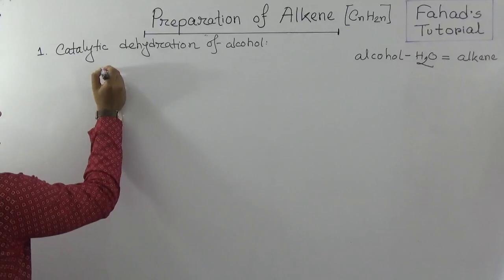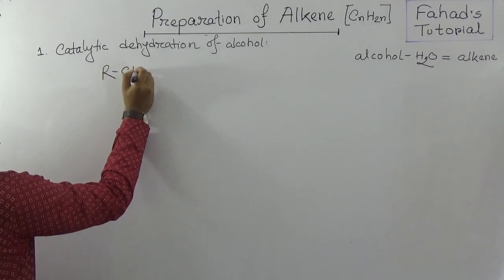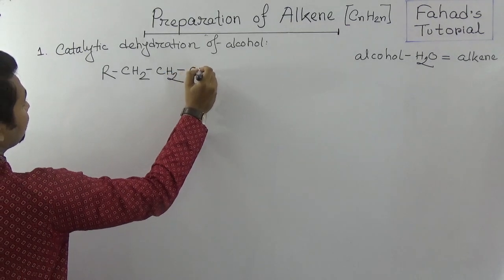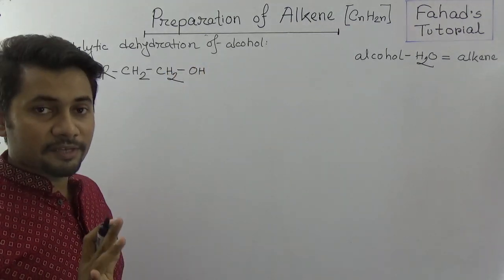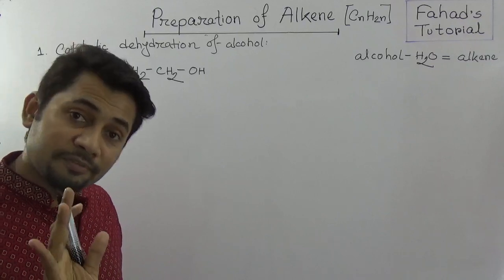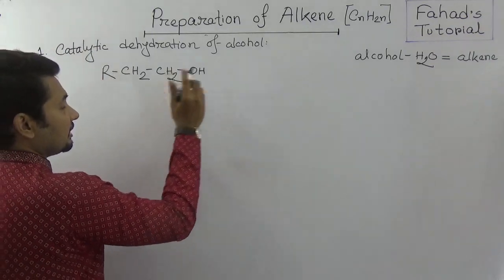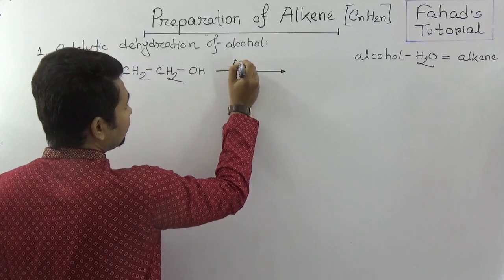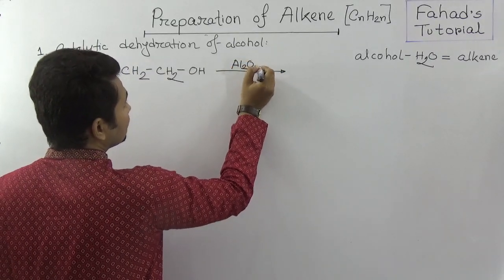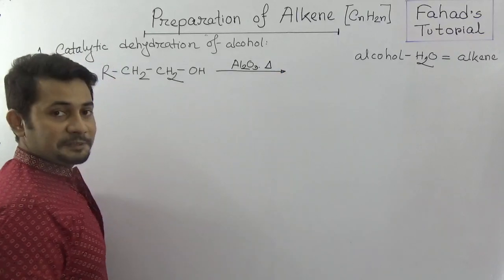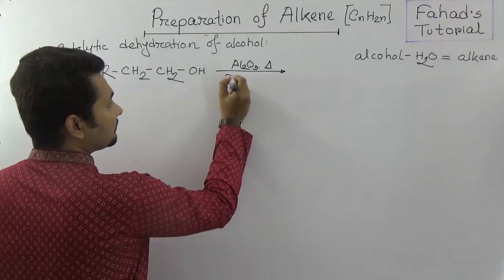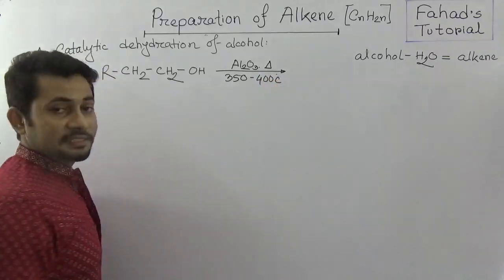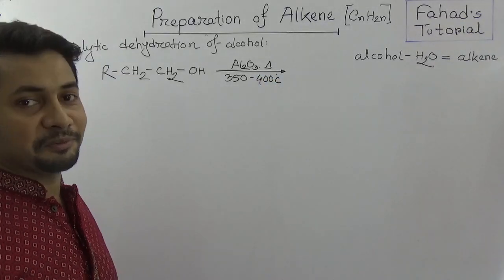Now think, suppose this is CH2OH. Definitely you know that OH is the functional group of alcohol. If this alcohol is heated in the presence of aluminium oxide, mind it, at 350 to 400 degrees Celsius, then alkene will be produced.